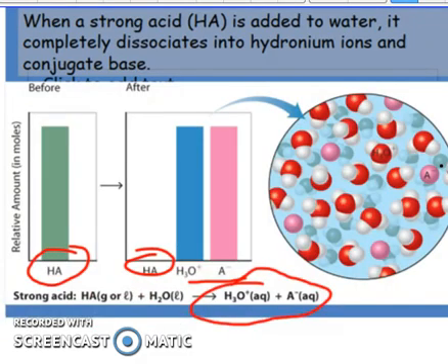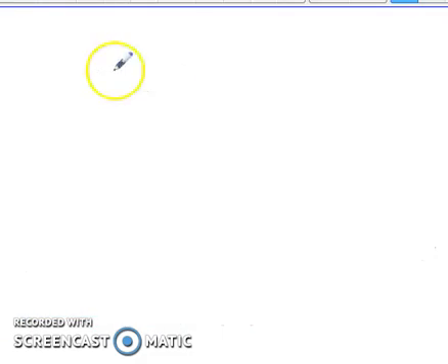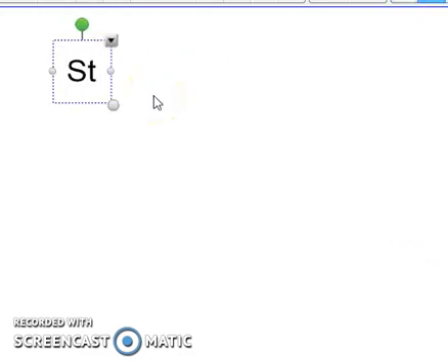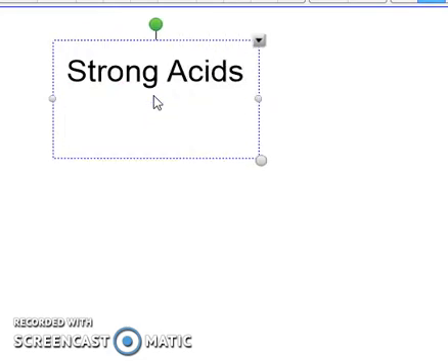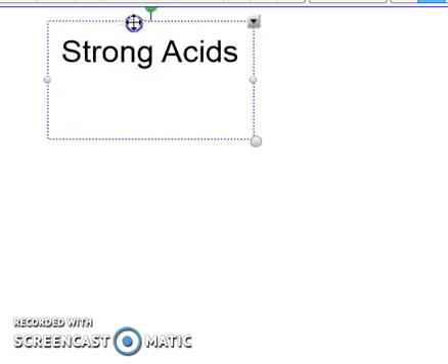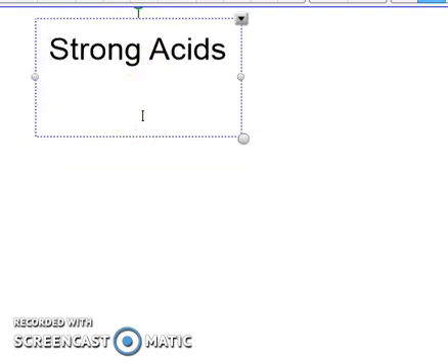Okay, so before I get into this next example, I want to just go over what our strong acids are. Strong acids, there's only 6 of them. If it's not one of these 6, then it is automatically assumed to be weak.